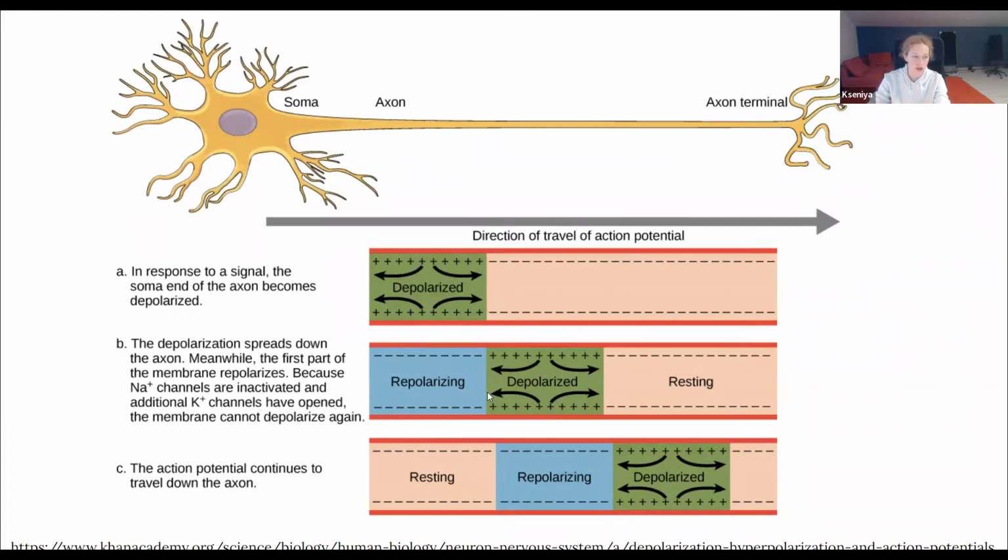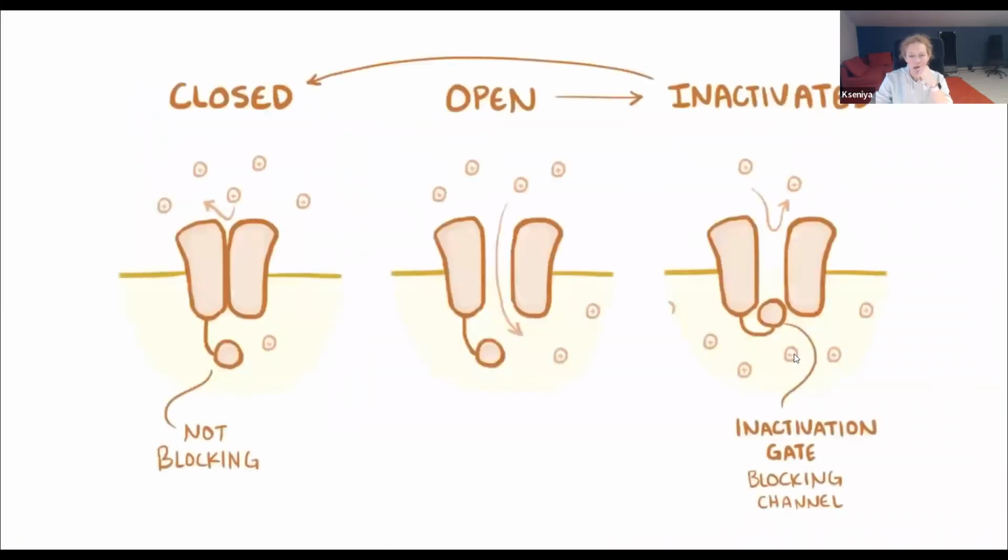So the depolarization transmits from one part of the axon to another part and so on.